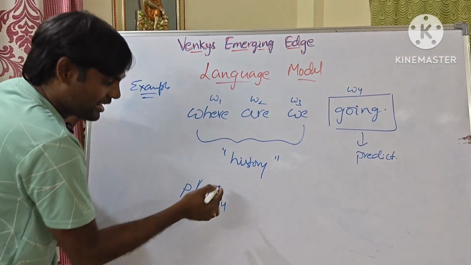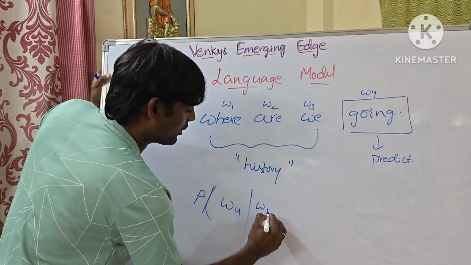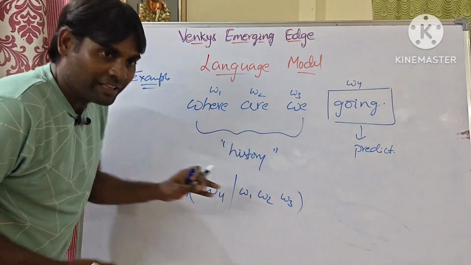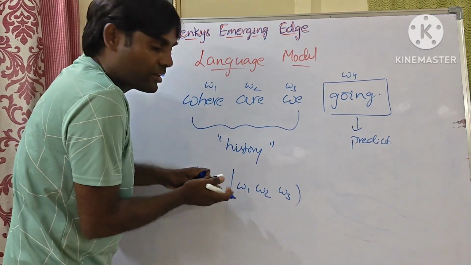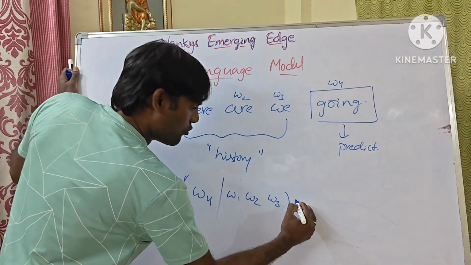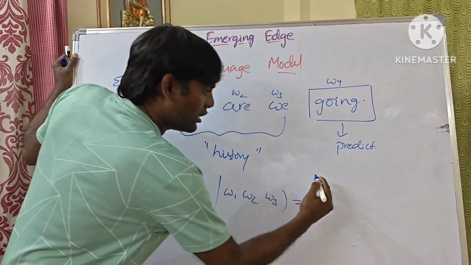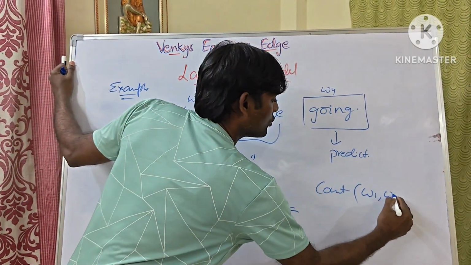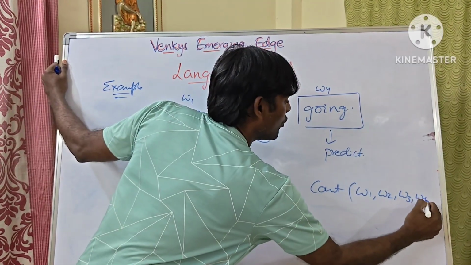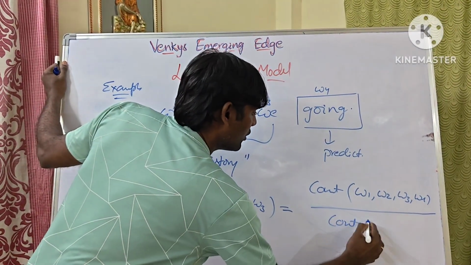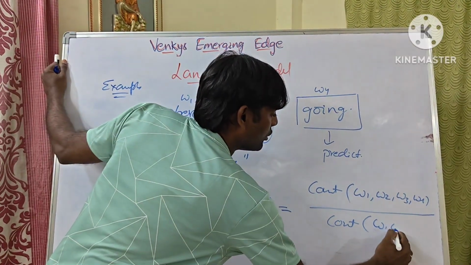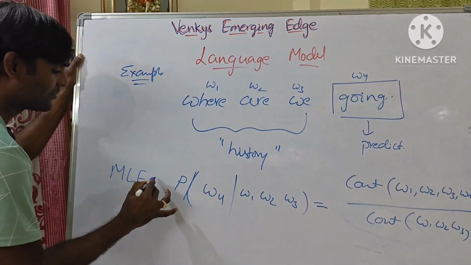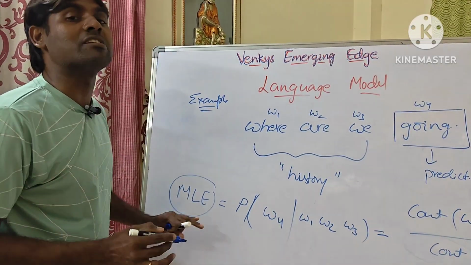The probability of W4 given W1, W2, W3 equals the count of W1, W2, W3, W4 divided by the count of W1, W2, W3. This is called MLE, maximum likelihood estimation.